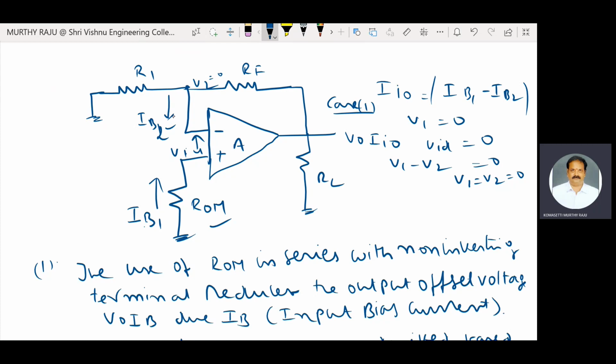IB2 current direction is like that. Here, at this node, this one is the IF current. These two currents are away from the node. Therefore, IB2 plus IF is equal to 0.